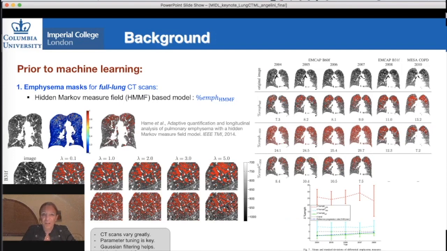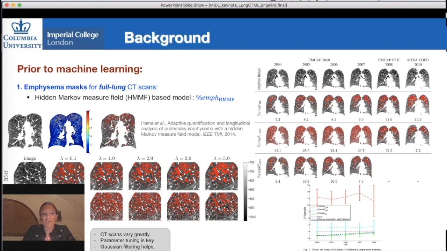To conclude on this background information, the first thing we had to do was to develop our own emphysema segmentation tool, which would be really reliable at the individual level. We did that using a hidden Markov measure field, and we called the associated percent emphysema the HMMF percent emphysema.